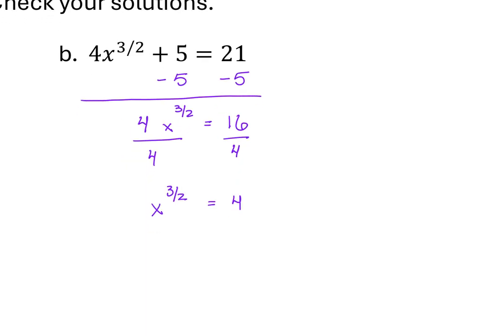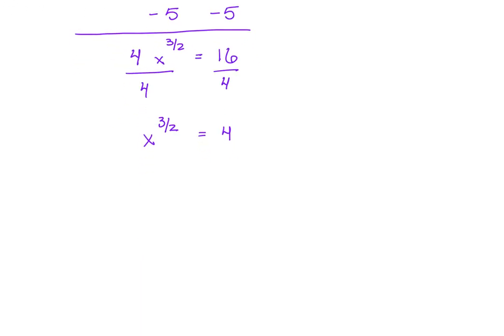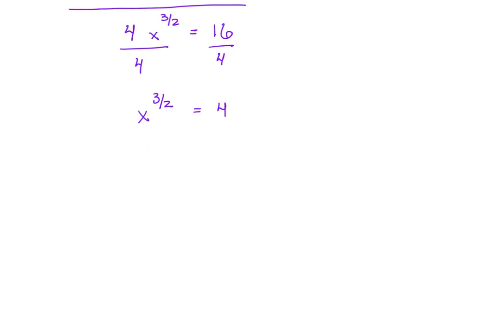All right, so the first thing that I'm going to do is convert this into roots. So when we look at this, it is saying the square root of x cubed equals 4.